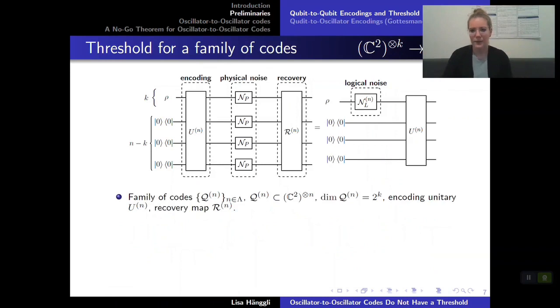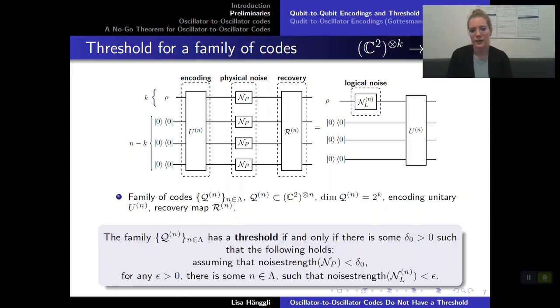So now, similarly, we may also have a whole family of codes indexed by some set lambda, which, for example, corresponds to the number of physical qubits, and which each encode k qubits and have a corresponding encoding unitary and recovery map. And for example, if the n really corresponds to the number of physical qubits, then this just means that we change the number of auxiliary qubits.